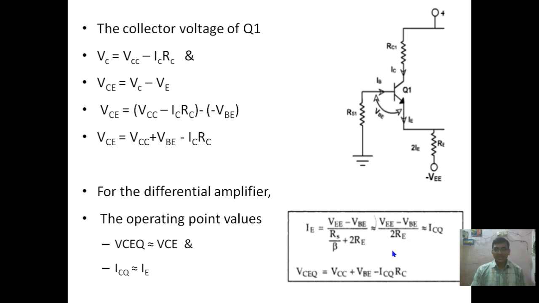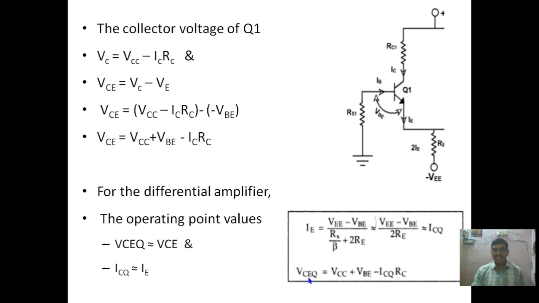Okay, so in this equation, if you observe the ICQ equation, the VBE value is fixed for a transistor and the RE value is also a fixed value. If we know the VEE applied voltage, then we can calculate the ICQ operating point value easily.